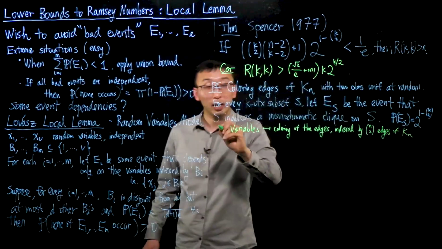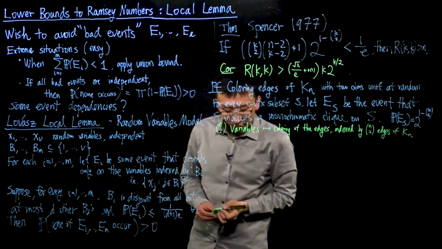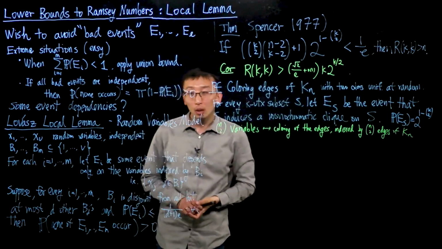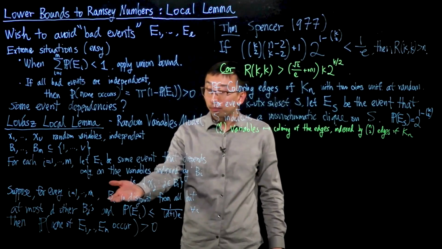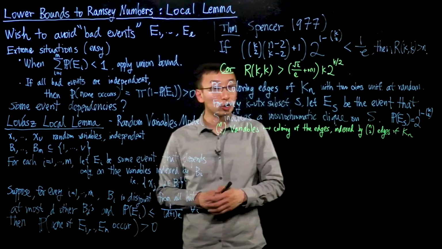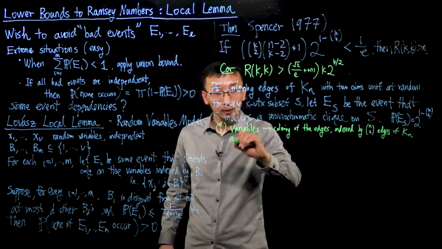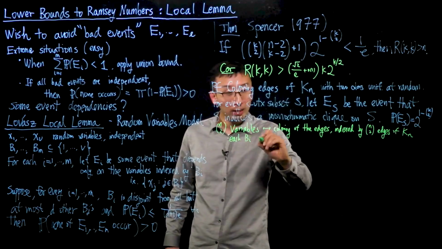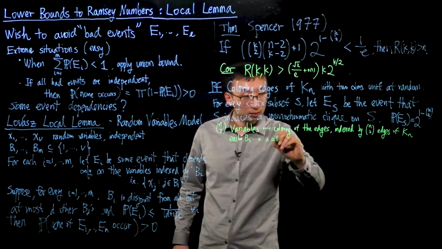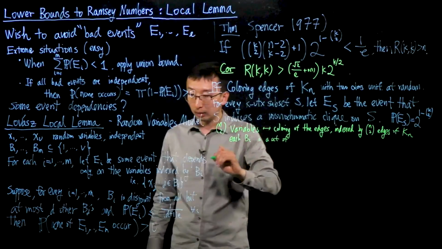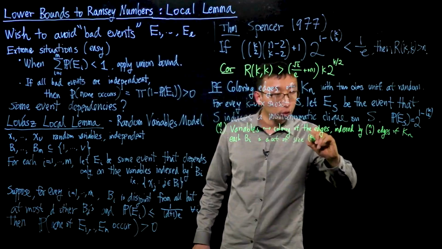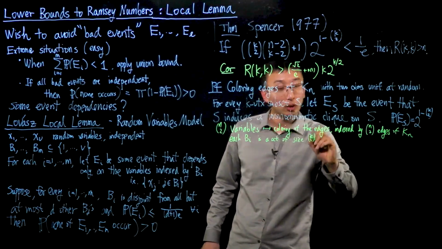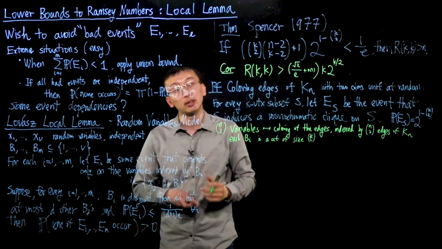So there are n choose 2 such variables. Well, what about this condition here? So the B_i's, right? So each B_i is a set of size k choose 2 corresponding to the edges of this complete graph inside this clique of size k.